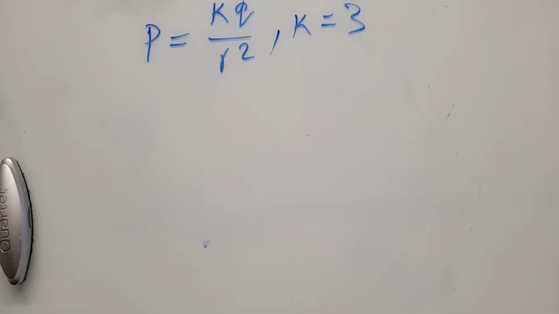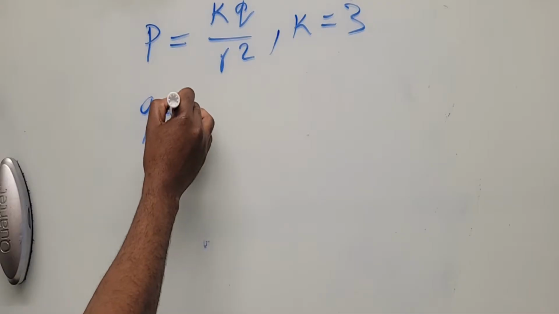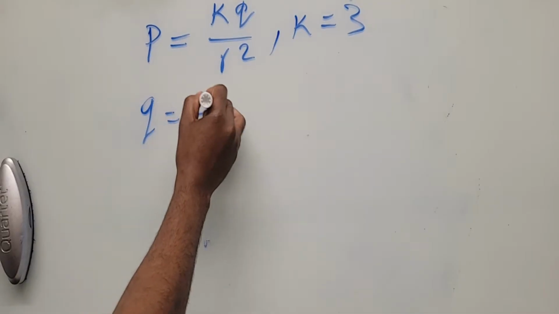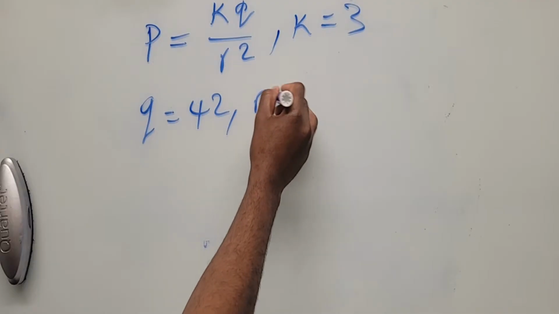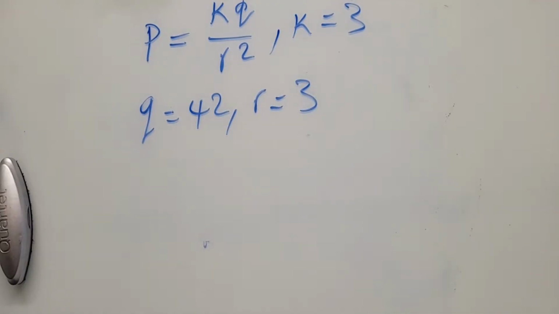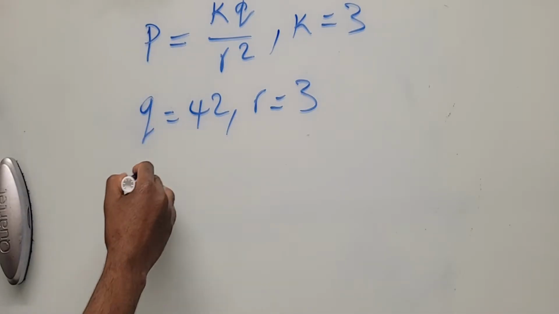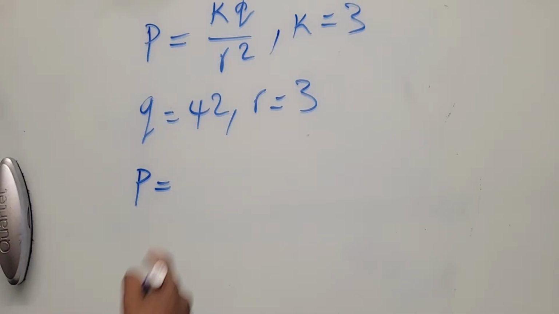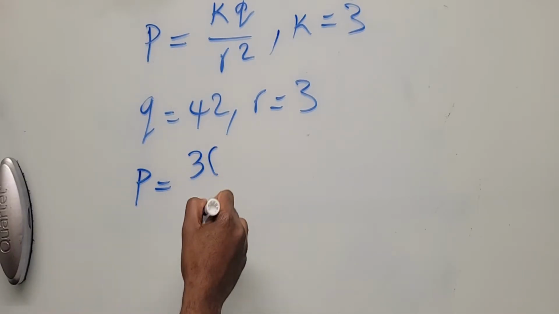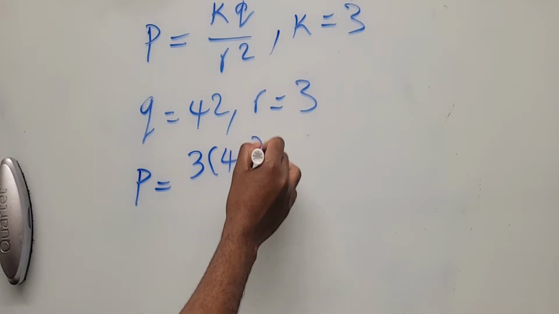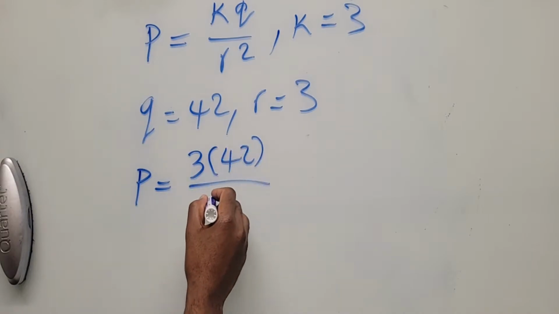Then the question is to find A, or find P, if Q is 42 and your R is 3. Okay, so we're looking for P. From that table, the table they gave A, but we know that our A is the P that we're looking for. Then we said K is 3, Q they have given us as 42 and R is 3, right?